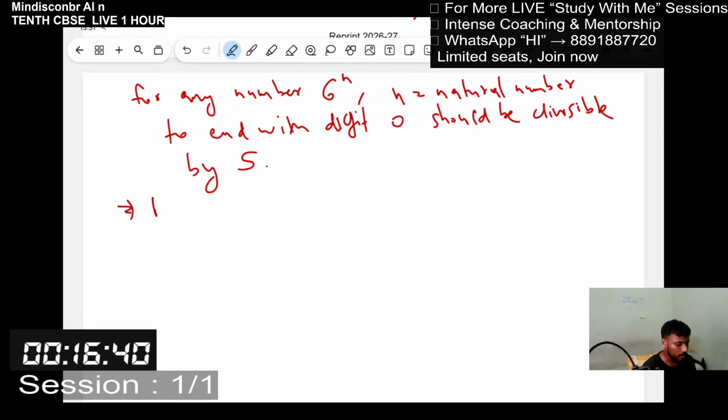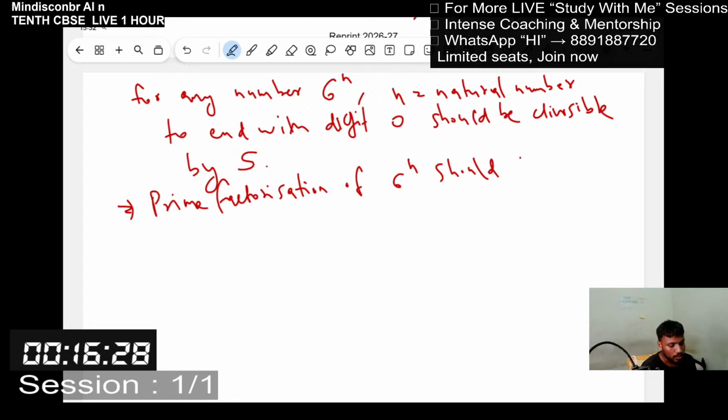That means the prime factorization of 6 raised to n should contain 5.